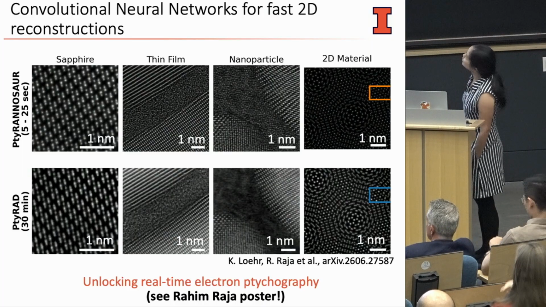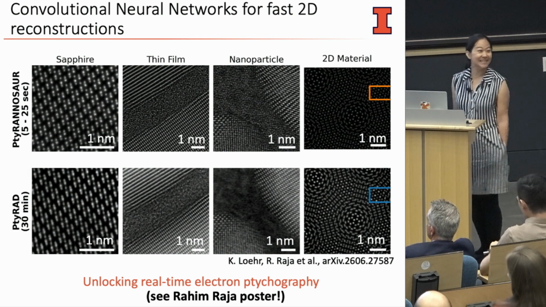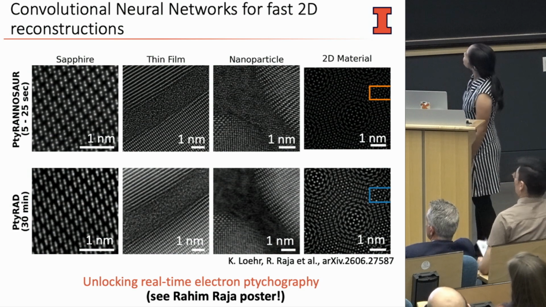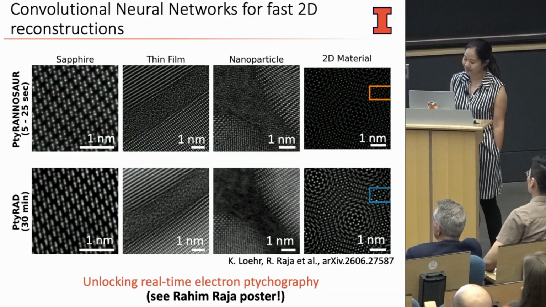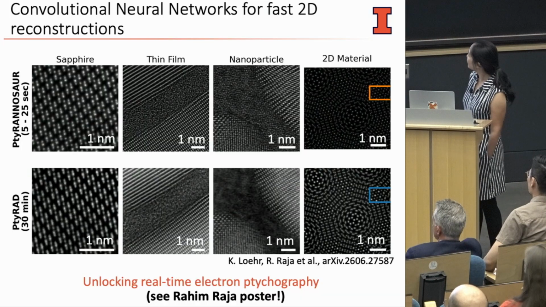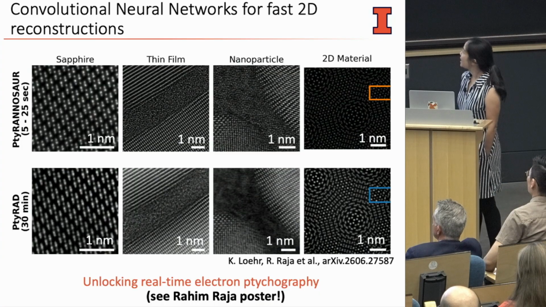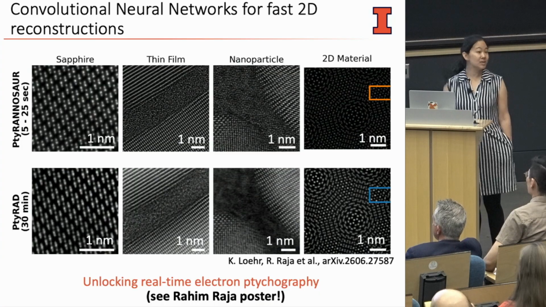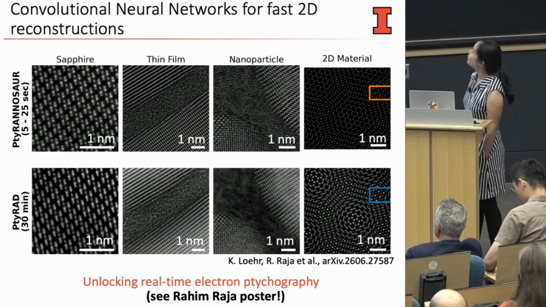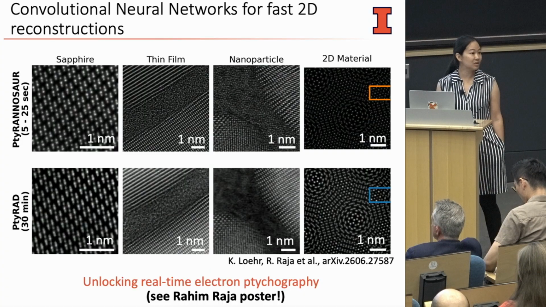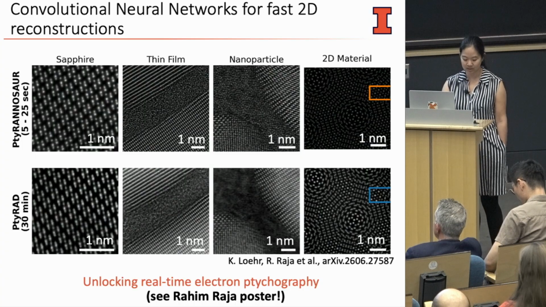The top is our neural network. We call it Tyrannosaur. It takes 5 seconds to do this. And it's just as good and strangely sometimes better. So if you want to hear more about that, you can see Rahim's poster today. And the key is that our acquisitions are fast. They're 30 seconds apiece. And so a 5 or 25-second reconstruction finally allows us to do this thing that we love to do, electron ptychography live.